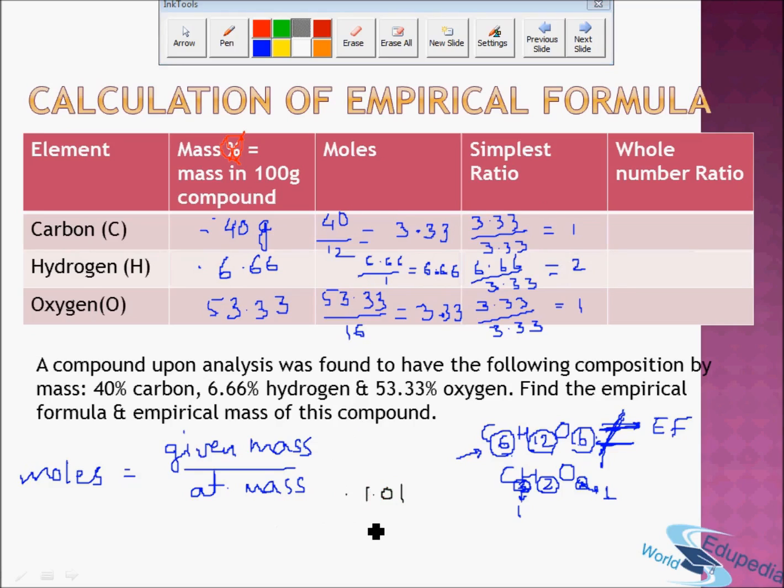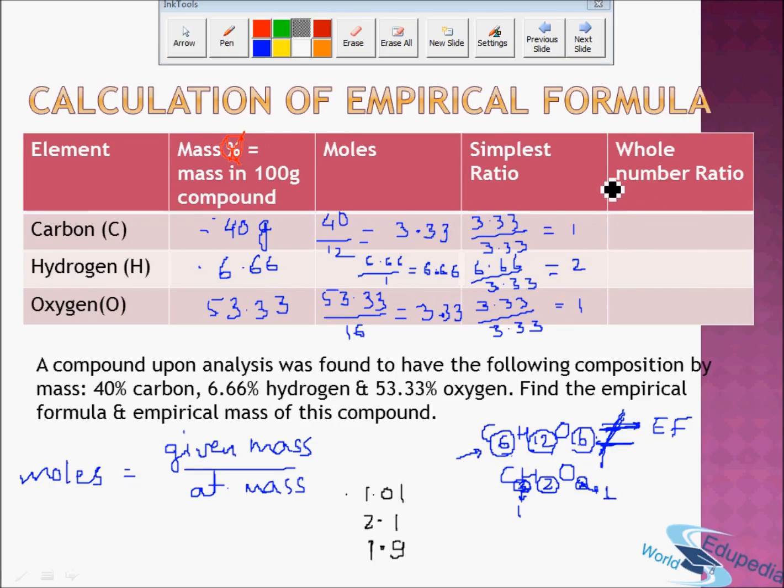Similarly for hydrogen, instead of 2, I might have gotten 2.1, and for oxygen instead of 1 I might have gotten 1.9. Here we have whole numbers already. But if we had decimals, then we need to convert them into whole numbers.